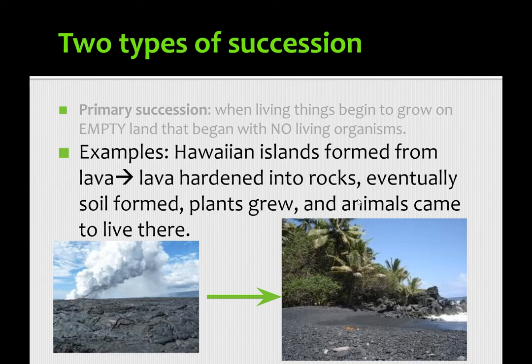Most of the time they were brought over by humans, or birds would fly to the island because they saw that there were resources there now, like food. So primary succession is when you begin from barren rock with pioneer species. An example of that is the Hawaiian Islands.